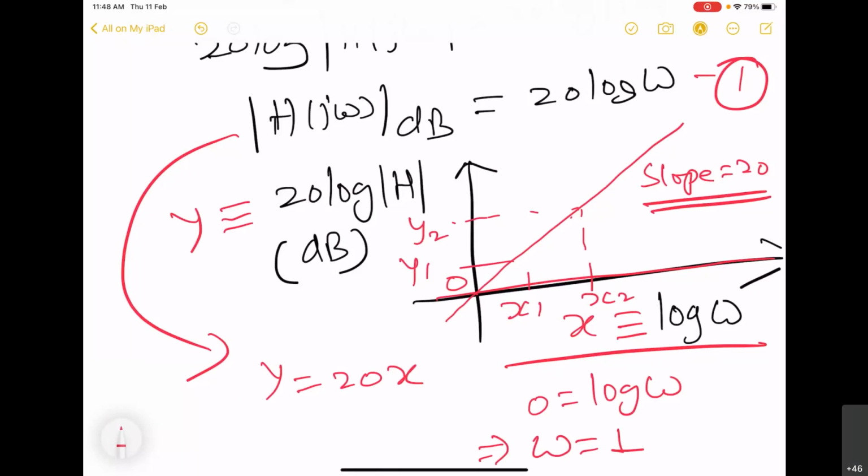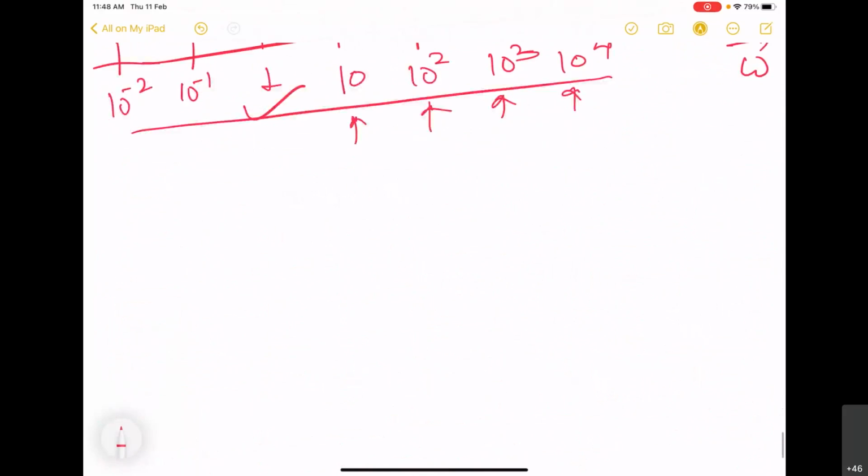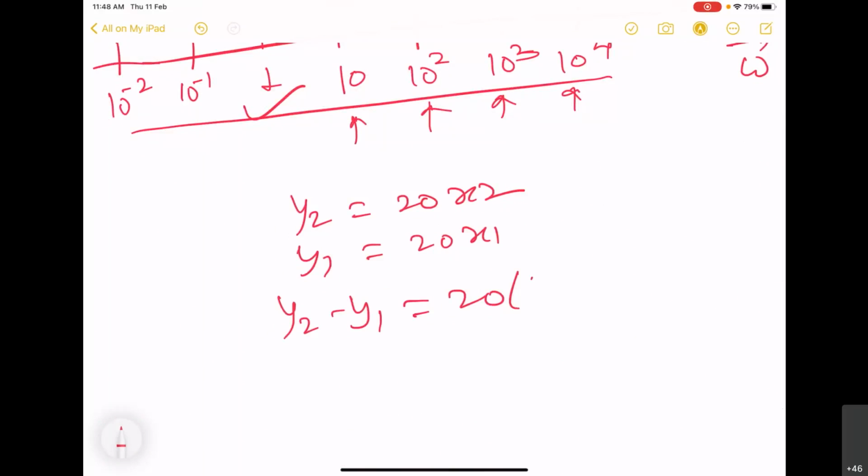So we have basically taken two frequencies, omega 1 and omega 2, and correspondingly we will have h1 and h2, right? So here we will have y2 is equal to 20 x2, y1 is equal to 20 x1.